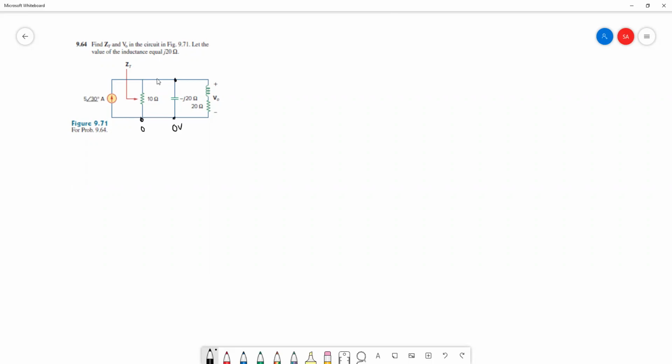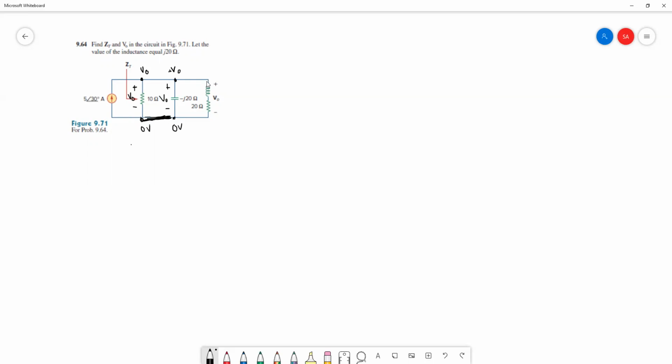This is also zero voltage because there is no element here. From this node to this node there is also no element, so this node is also positive V out. So your capacitor voltage is also V out here. This is also V out, so the voltage across the resistor is V out.